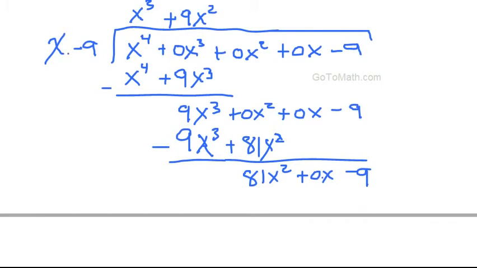Alright. We got x goes into 81x squared plus 81x. And then 81x times x is 81x squared. 81 times 9 is, let's see, let me guess here. Okay, hold on, I got it. Ooh, man, that's a big number. 729, minus 729.